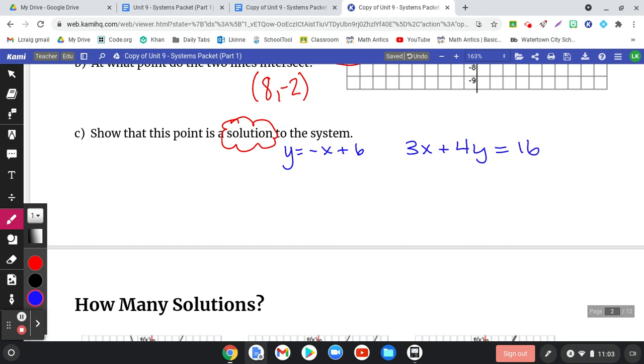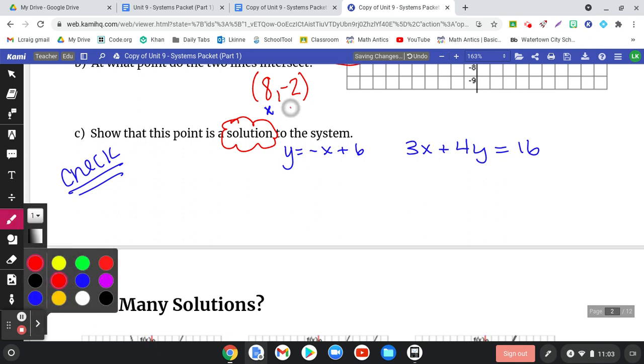So basically what we're doing is we're checking to see if this really is the solution. So this is your x, this is your y. Wherever you see an x, you're going to put 8. Wherever you see y, you're going to put -2. So instead of y equals, -2 equals.